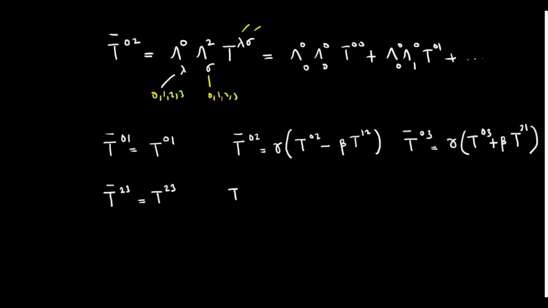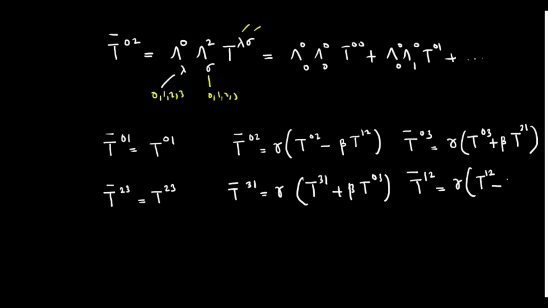T bar 31, which is equal to gamma into T31 plus beta T03, and T bar 12, not T12, T bar 12 equal to gamma into T12 minus beta T02.